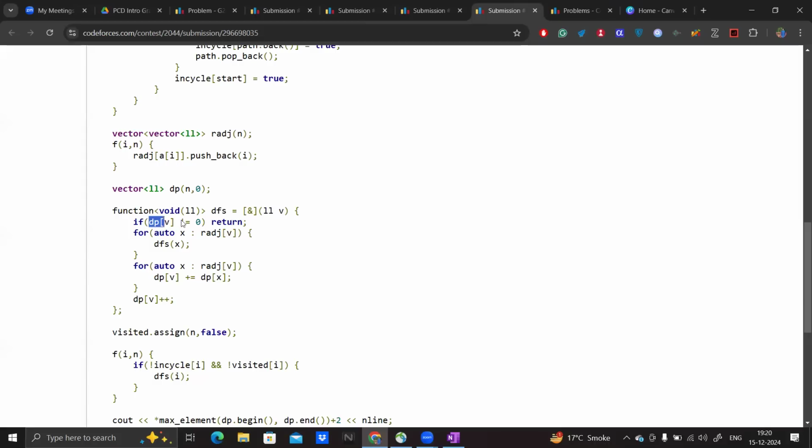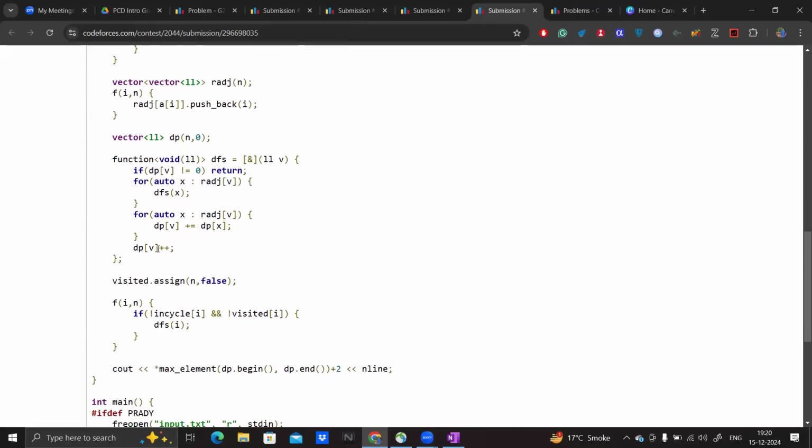If it is already not equal to 0, that means we have called it one time, so we don't need to call it once again. So I just did DFS on all the children if they are not in cycle and not visited, and then I print out the max element.